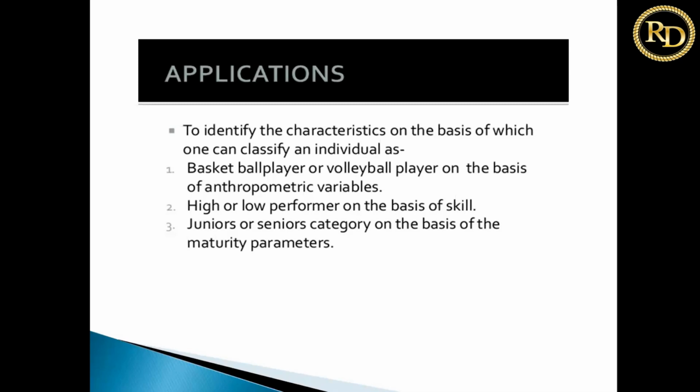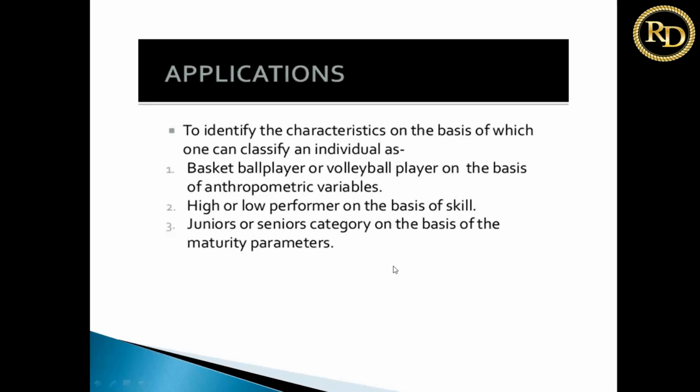So these are the characteristics on the basis of which we classify an individual as a basketball player or a volleyball player on the basis of anthropometric variables, to classify a high or low performer on the basis of the player's skills, and to identify whether a person is in the junior or senior category on the basis of maturity parameters.